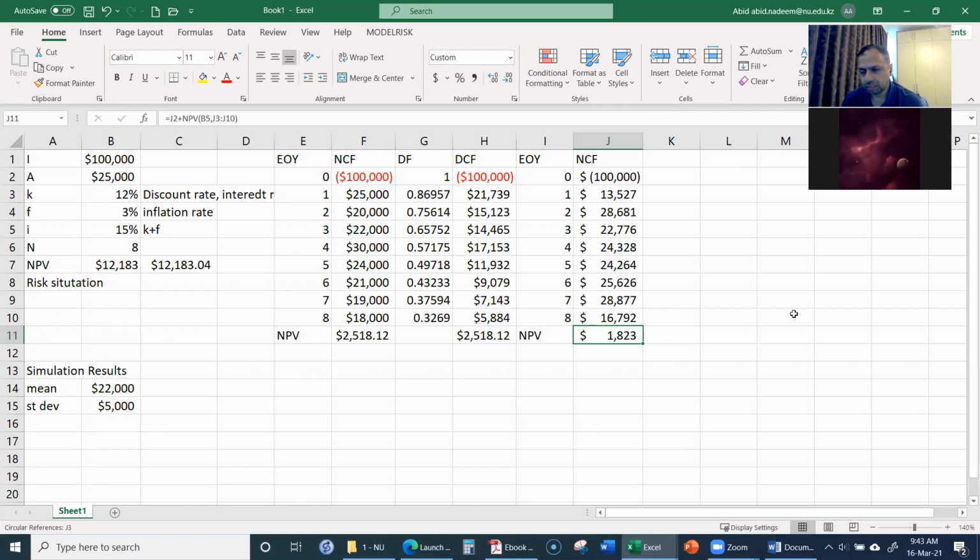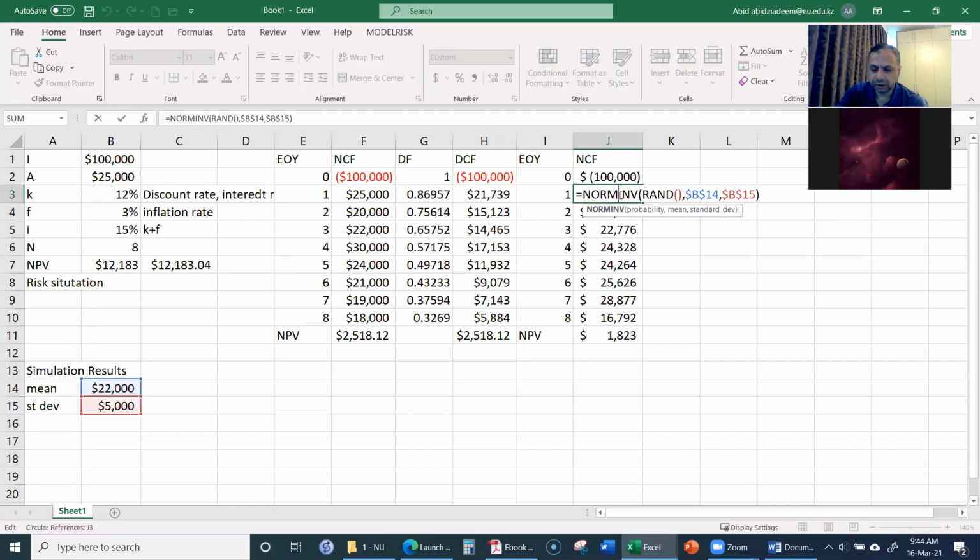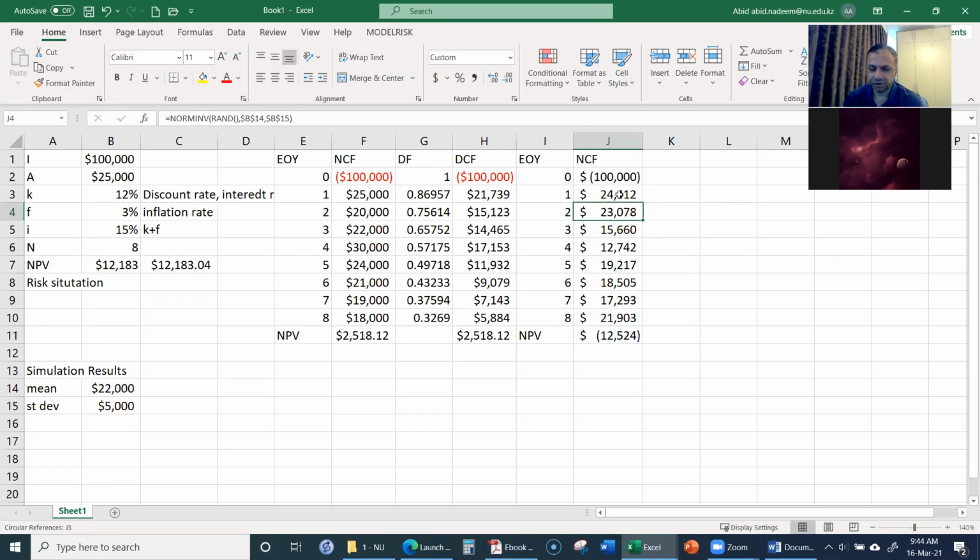Professor, I missed the point. Why did this 1,823 change from 6,800 something? Yes, a few seconds ago it was 6,800, and right now it has also changed to minus 12,000.